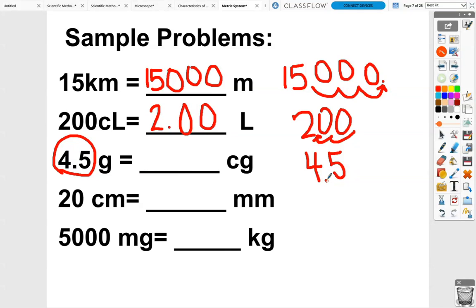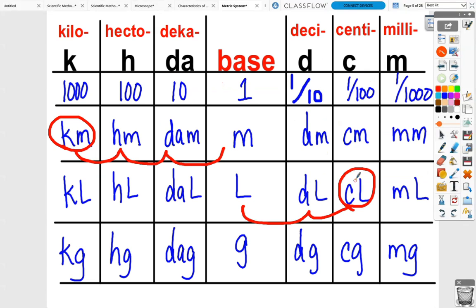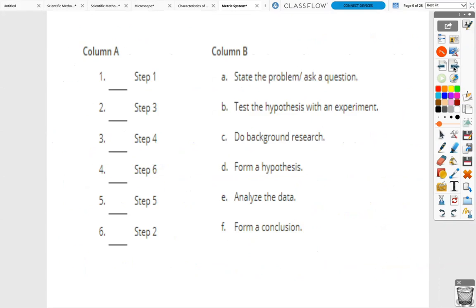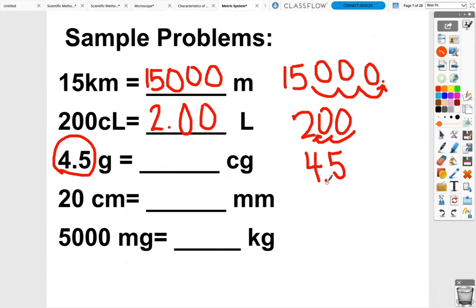So I'm going to pick it up and move it. Well, let's look at our chart to see in which direction we're going to move that. We're going from grams here, and then we're moving to centigrams. When we go to centigrams, we're going to go 1, 2 to the right. So I'm going to move my decimal 2 places to the right, 1, 2.